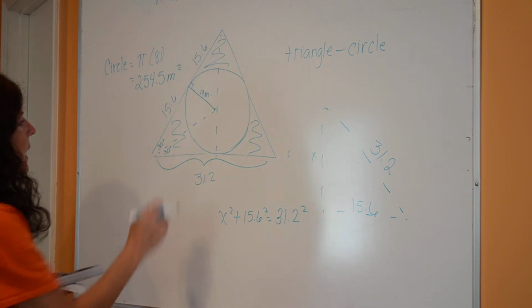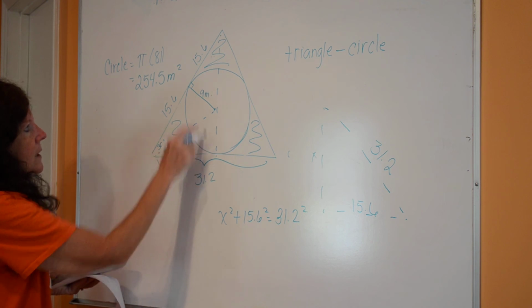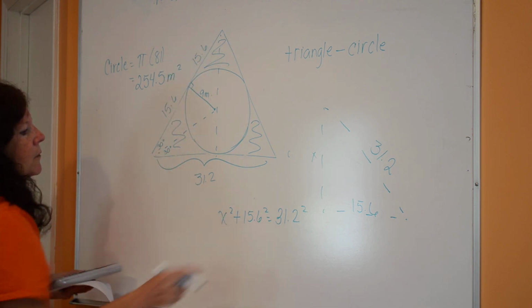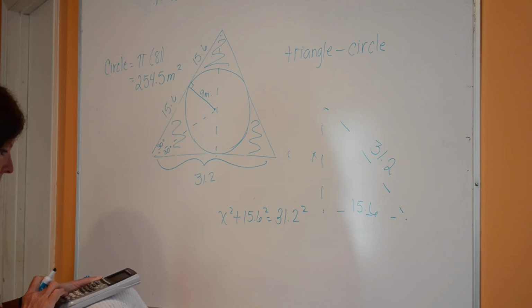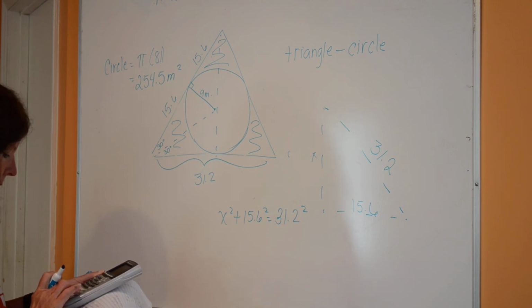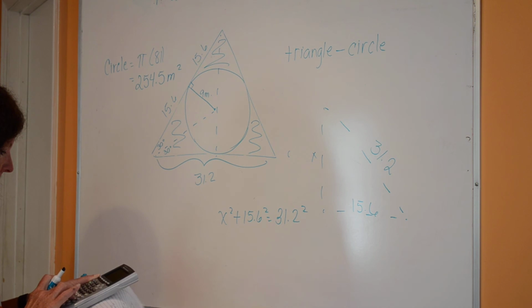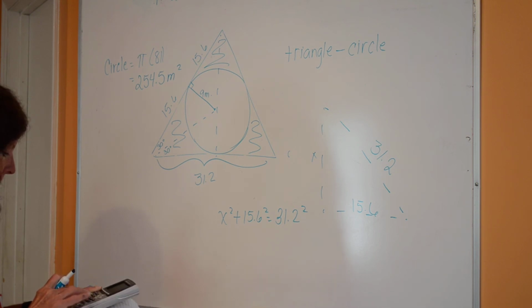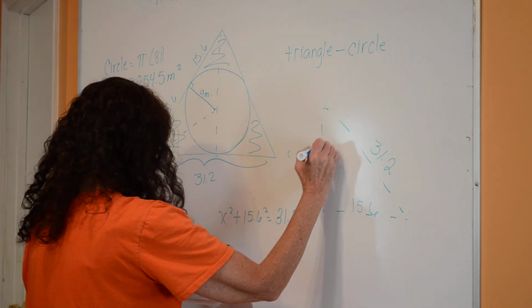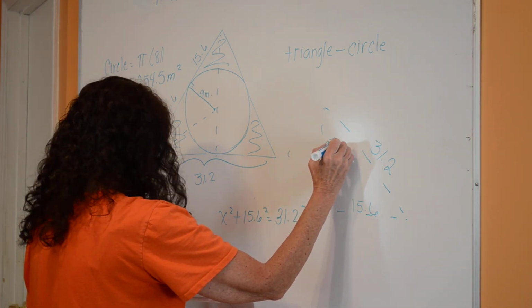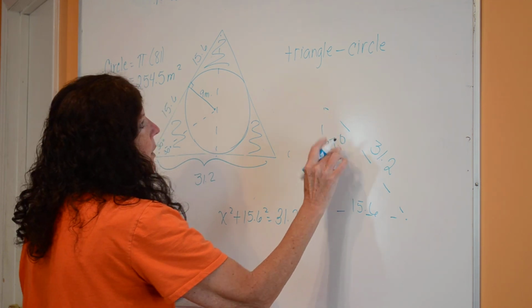So that's going to make the bottom 15.6 and the side 31.2, which is going to be my hypotenuse. So I've got 31.2 squared minus 15.6 squared, and I'm going to take the square root of that, which is 27 point, well, it rounds to just 27.0, okay?